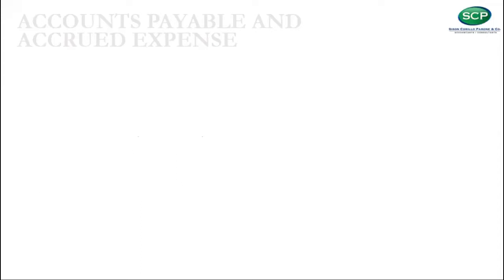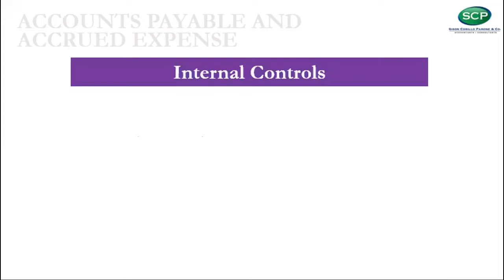But before we discuss the common risks associated to the account, let's briefly discuss the internal controls first over accounts payable and accrued expenses. Aside from the risk of understatement in payables, which we will discuss in a little while, there are other common risks related to accounts payable and accrued expenses, which could be mitigated by strong internal controls for the account.